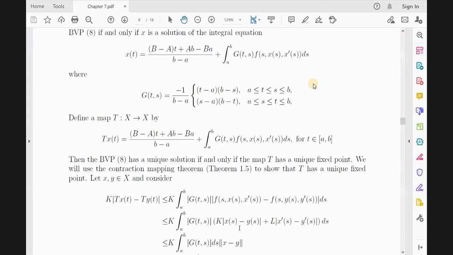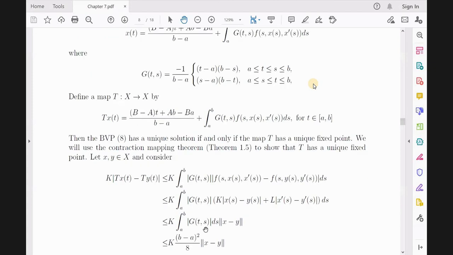Now you can see integral from a to b of |G(t, s)| ds is less or equal to (b minus a) squared over 8. So K into |Tx minus Ty| is less or equal to K into (b minus a) squared over 8 into norm of x minus y.